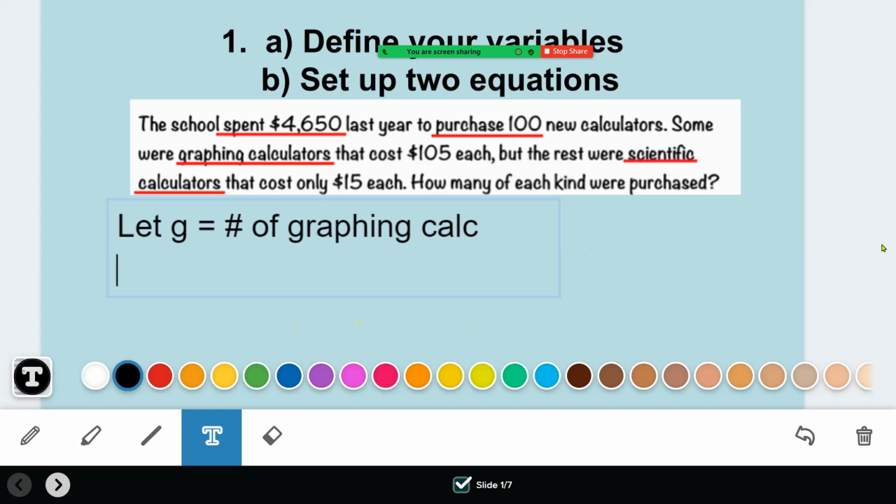And I'm going to let S equal number of scientific calculators.